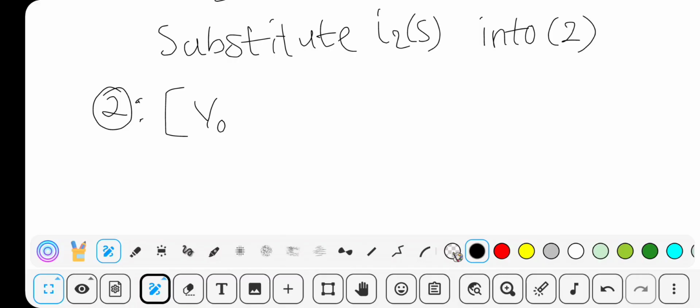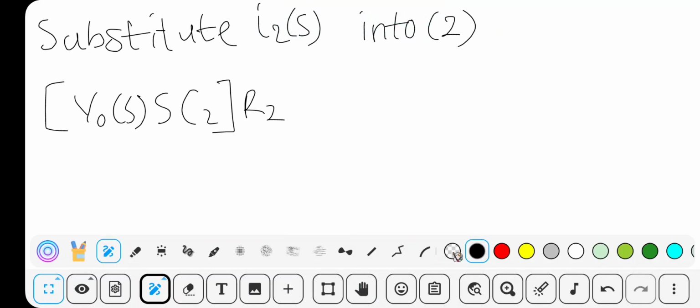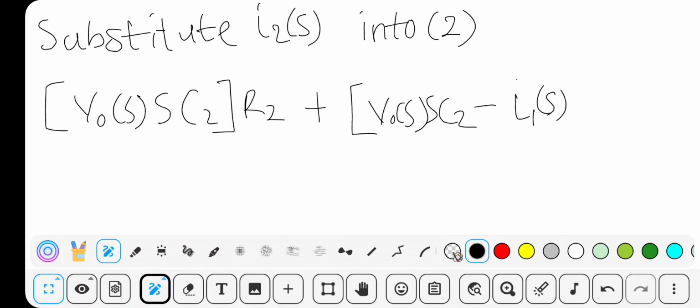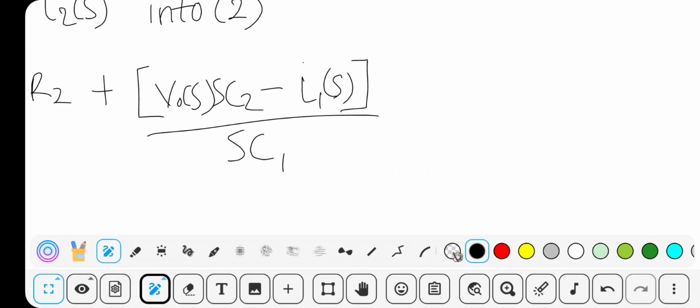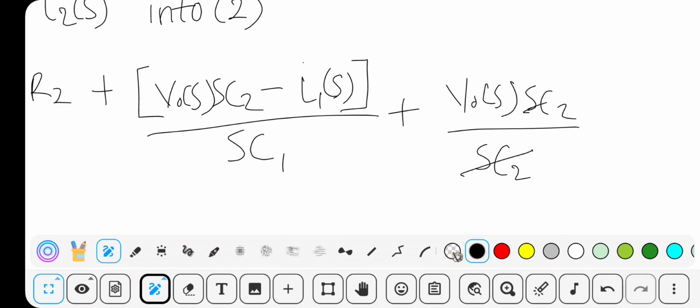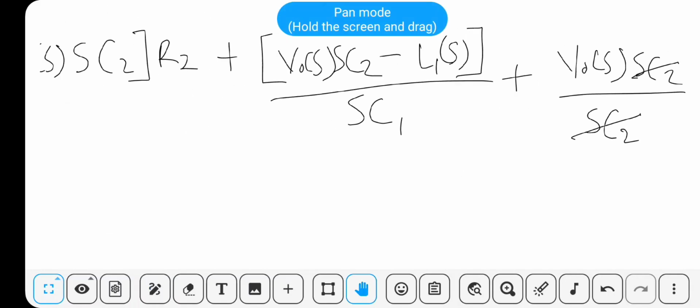So V naught of S SC2 times resistor 2 plus V naught of S SC2 minus I1 of S times SC1 plus V naught of S SC2, this cancels out, equal to 0.